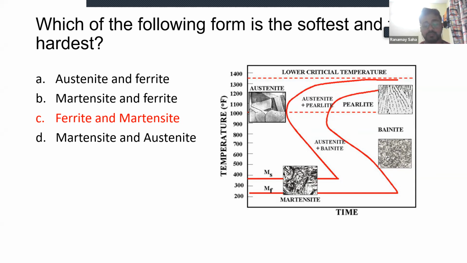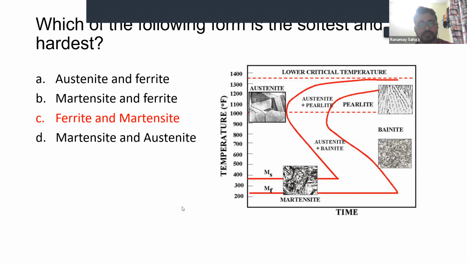So martensite is the hardest, and in the reverse region ferritic is the softest. The in-between phases, pearlite, bainite, a mixture of austenite-pearlite, austenite-bainite, all form in between. The hardness forms in between ferrite and martensite.